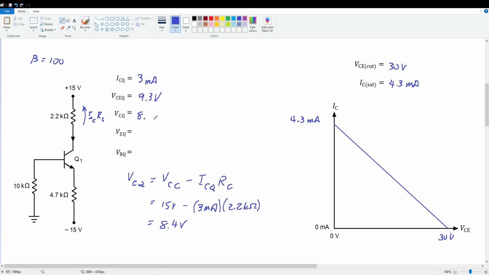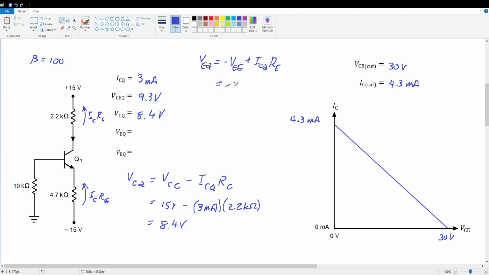All right, I'll write that in here. All right, what about from emitter to ground? Well, let me draw this drop in here. That's IC times RE. And if this node is at minus 15 volts, then the emitter must be this much more positive than the supply rail. So VE at the Q point is equal to minus VEE plus ICQ times RE.